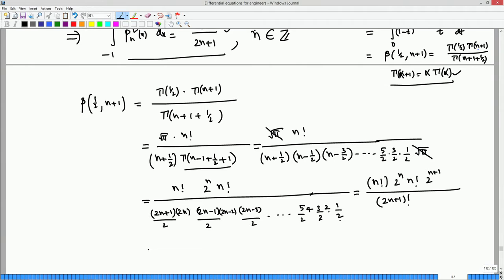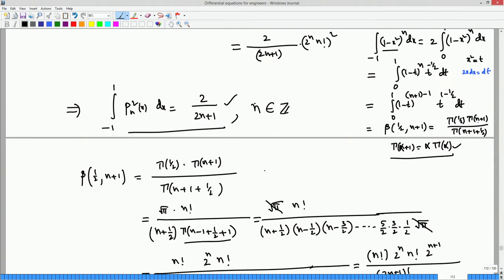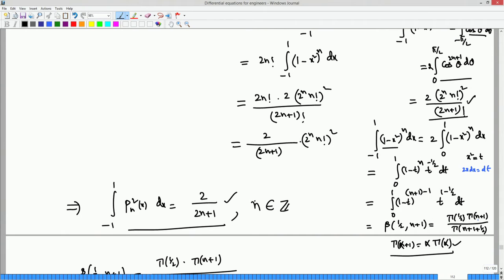So this is equal to n factorial square into, rather you write, 2 power n factorial whole square into 2 divided by 2n plus 1 factorial. This is exactly what you get.